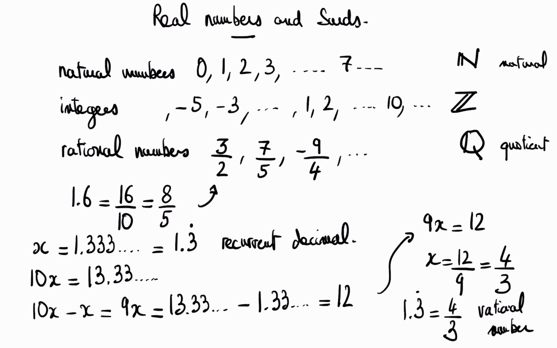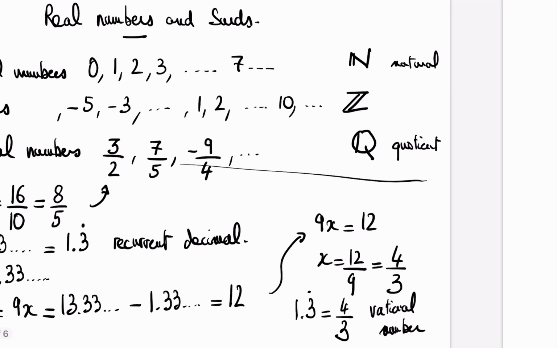Let's do another example with a bit more complex recurring decimal. Say we have 5.12 with the 2 recurring.